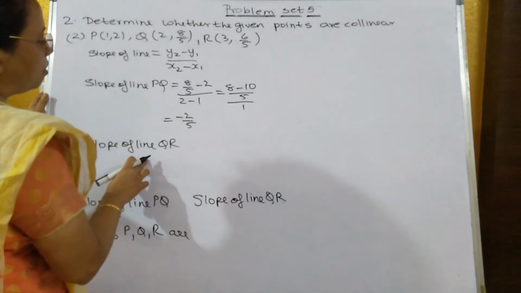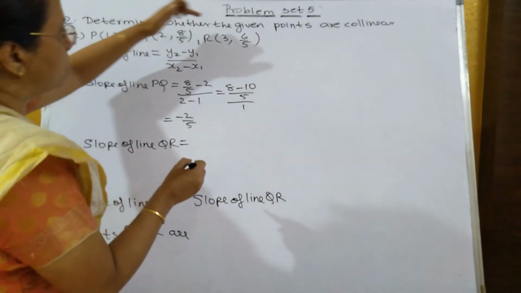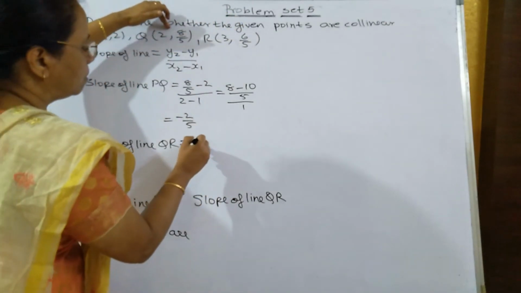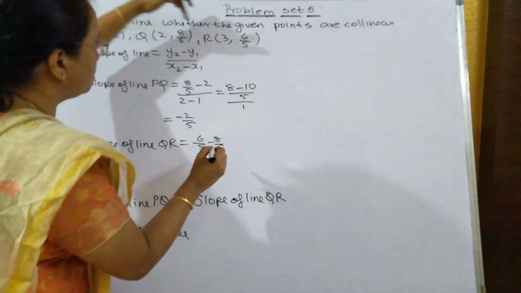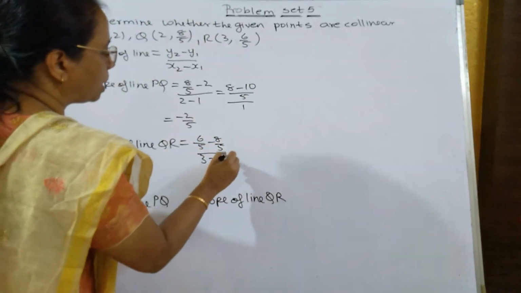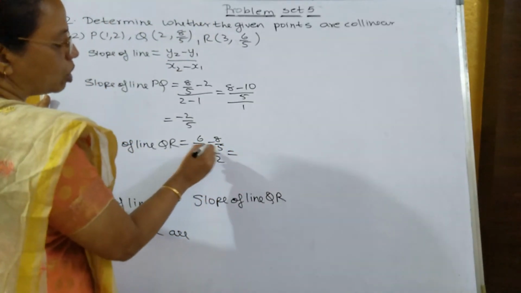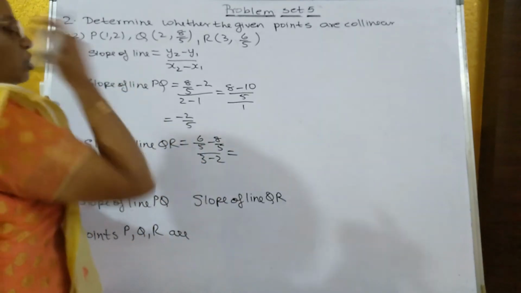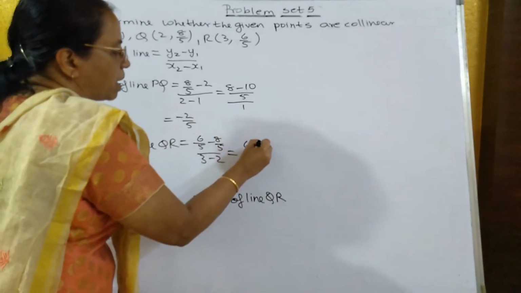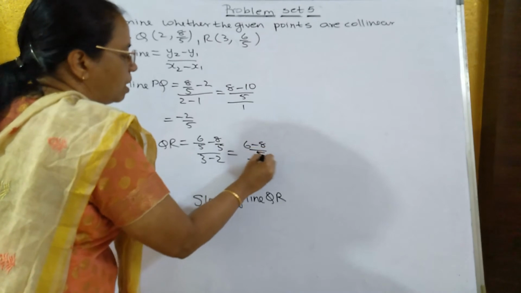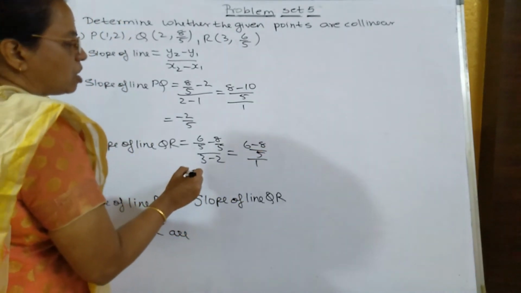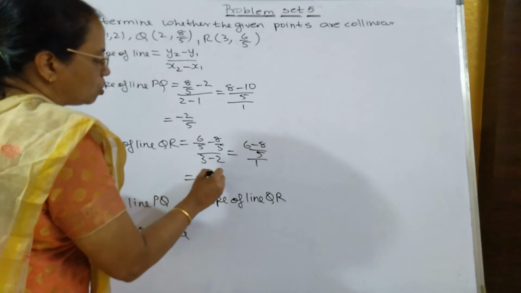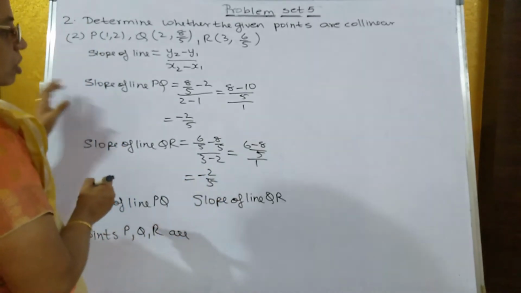Now slope of line QR: 6 upon 5 minus 8 upon 5 upon 3 minus 2. Denominators are already equal, so directly you can subtract 6 minus 8 upon 5. 3 minus 2 is 1. Now 6 minus 8 is minus 2 upon 5. So you will see both the slopes are equal.